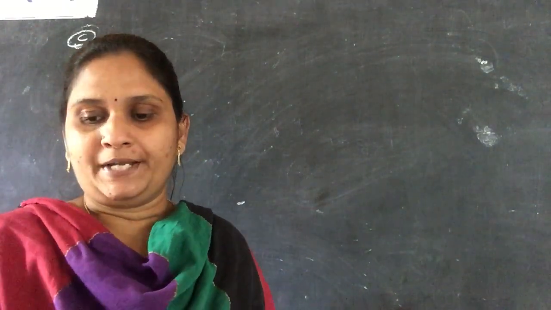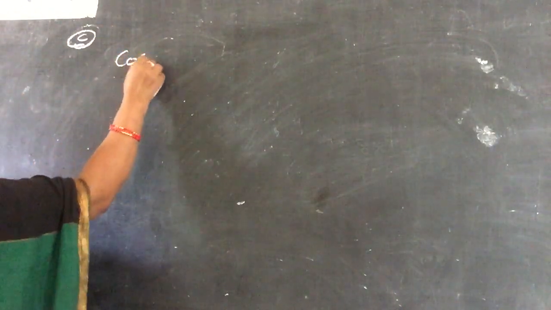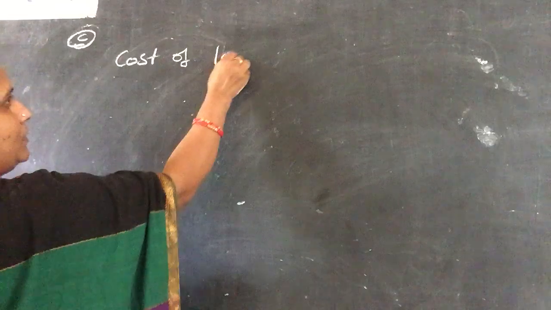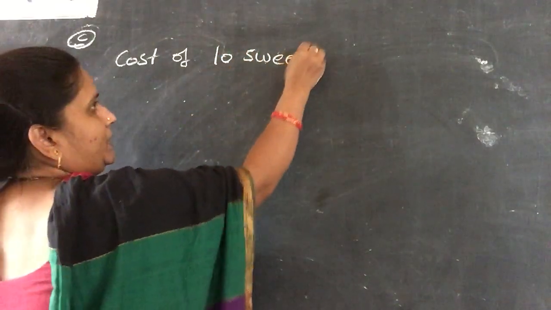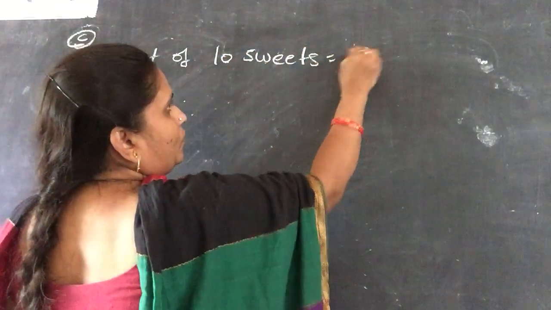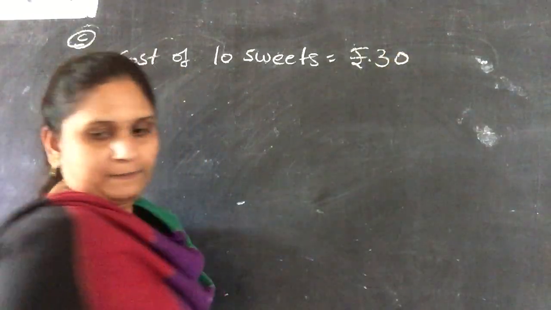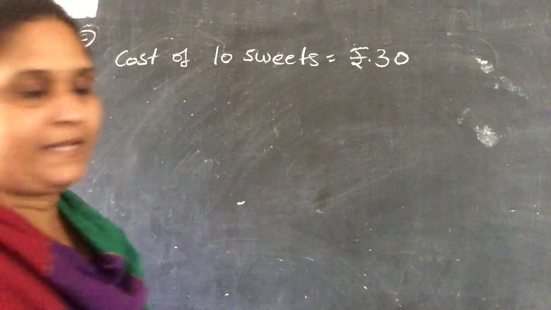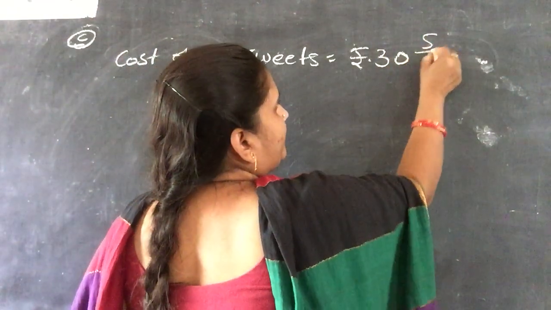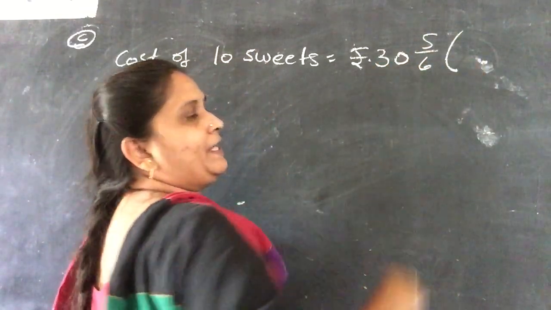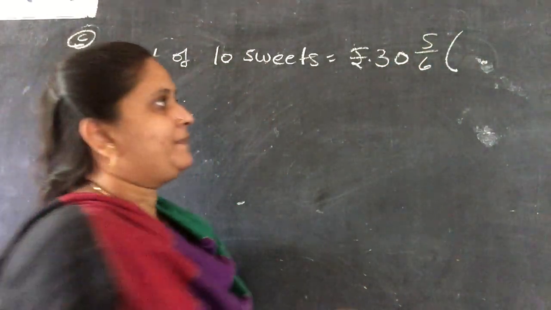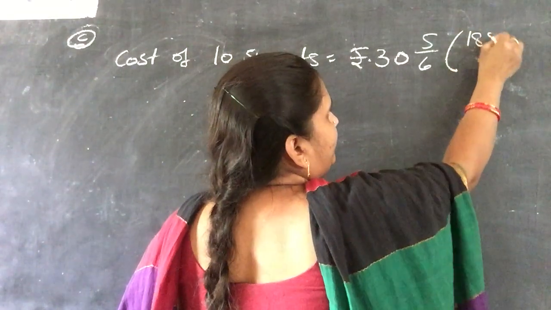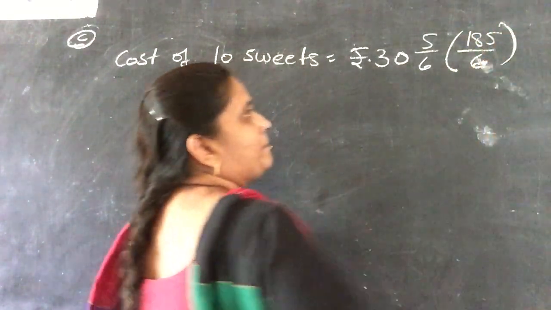Okay, so now write down, everyone. The cost of 10 sweets is equal to rupees 35 by 6. So if you multiply 30 into 6, 180 plus 5 is equal to 185 by 6.